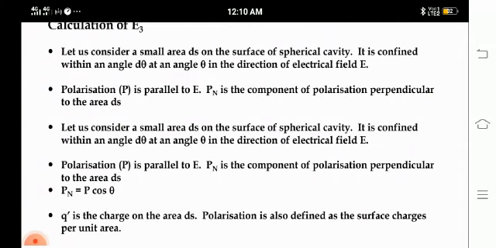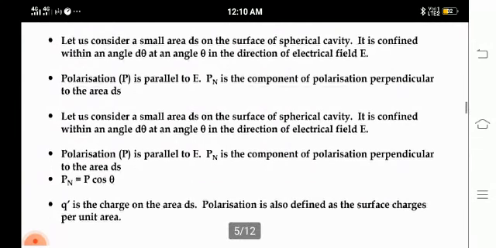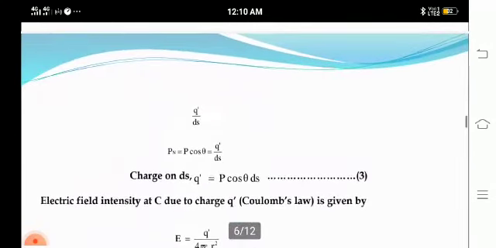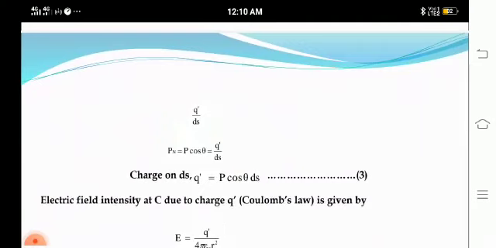Polarization is also defined as the surface charge per unit area. So Pn, equal to P cos theta, is equal to Q dash divided by ds. So Q dash is equal to P cos theta into ds.